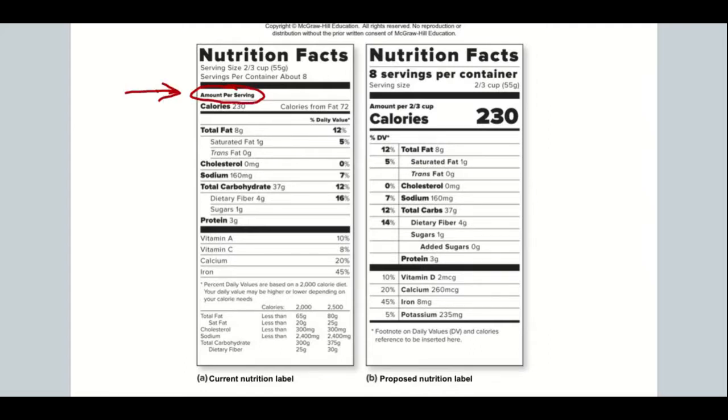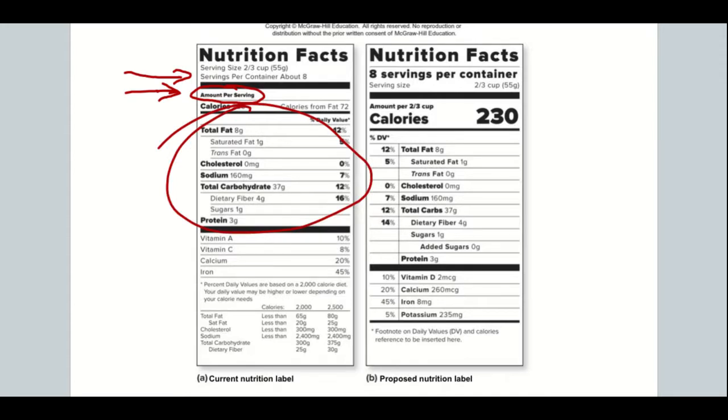What you also need to look at is how many servings you have per container. It always tells you how many servings are in the package that you're buying, and everything down here is listed per serving.